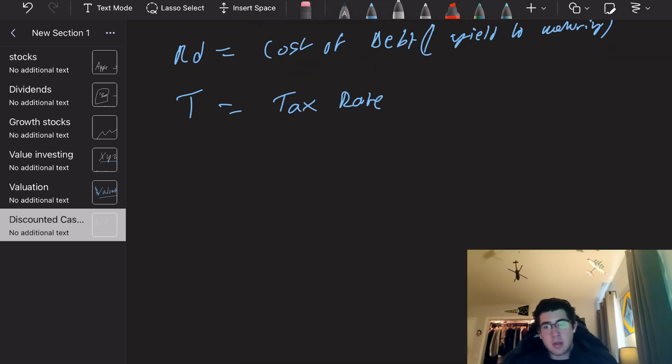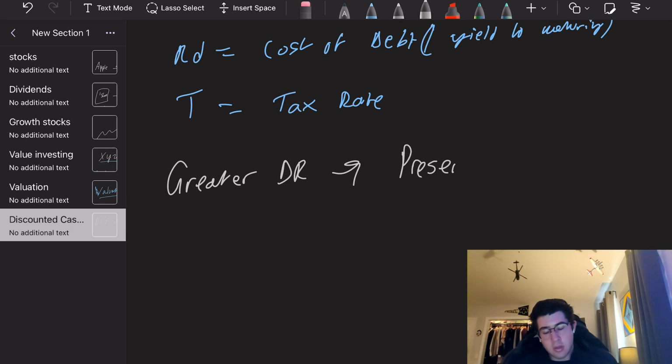And the higher the discount rate, the lower the present value of future cash flows will be. So greater discount rate, the present value of future cash flows is going to be lower.